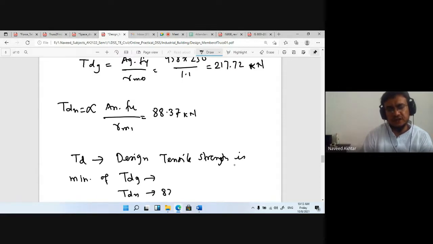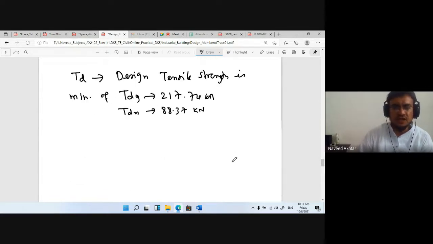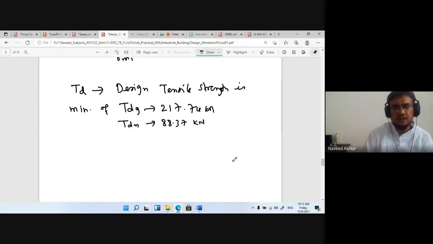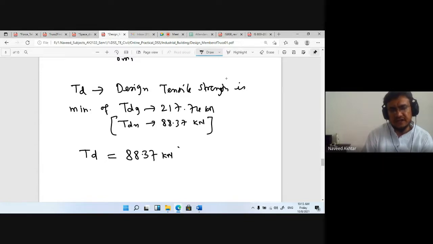TDN is 88.37 and TDG is 217.72 kilonewton. Which one is minimum here? This 88.37 one is minimum. So TD will be 88.37 kilonewton, which is greater than 81 kilonewton.